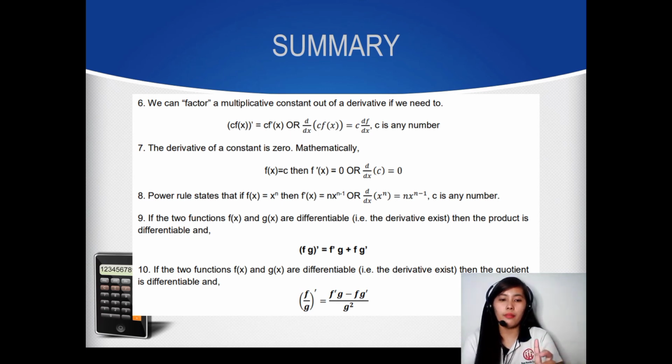Then for the quotient rule, if the two functions f of x and g of x are differentiable, then the quotient is differentiable and f over g prime is equal to f prime g minus f g prime all over g squared, or that is v du minus u dv over v squared.